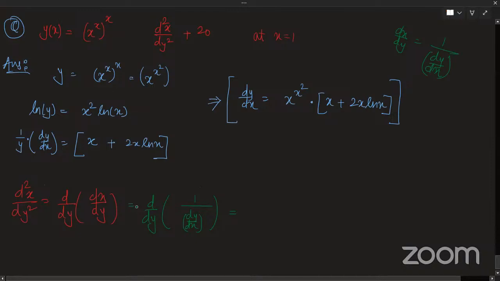How will I differentiate such a thing with respect to y? Tell me, how should I do that thing? Isn't that confusing? Isn't that something that we are doing for the first time? Because dy by dx only has terms of x, and it is asking me to differentiate it with respect to y. Can anyone tell me how should I do that thing?